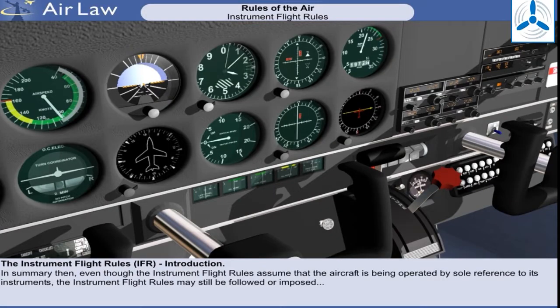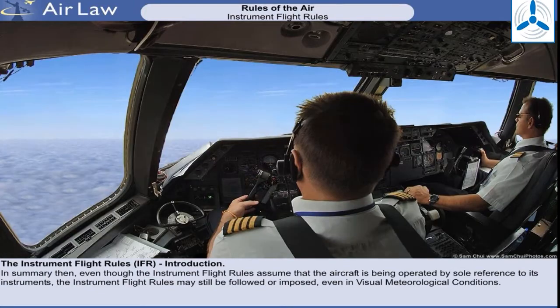So even though the instrument flight rules assume that separation from terrain and other aircraft cannot be maintained by reference to features outside the cockpit, and that the aircraft is being operated by sole reference to its instruments, the instrument flight rules may still be followed or imposed even in visual meteorological conditions.